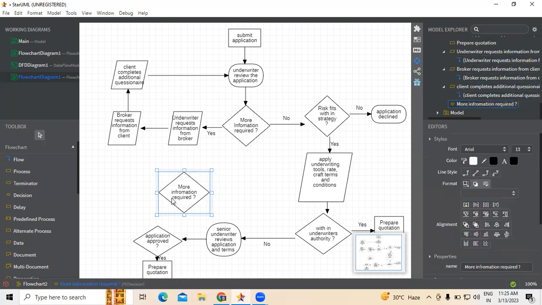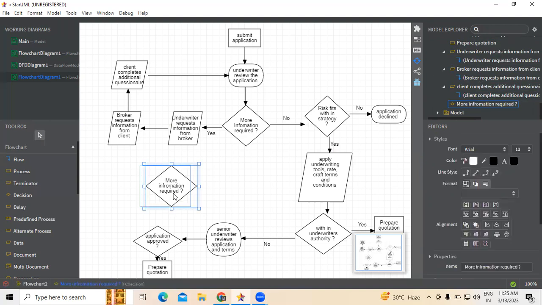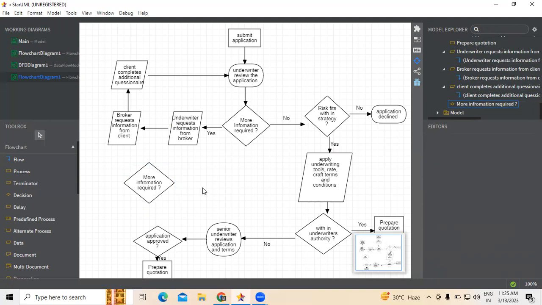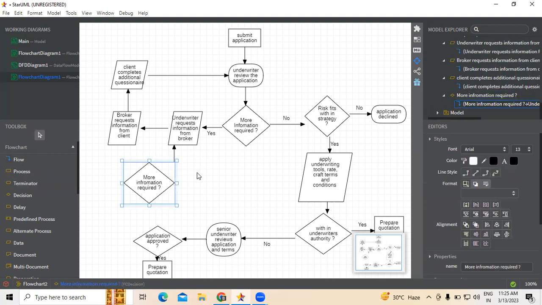If more information is required, this information again goes back to the underwriters. This is the flow one should understand, and the process has to be understood and followed.